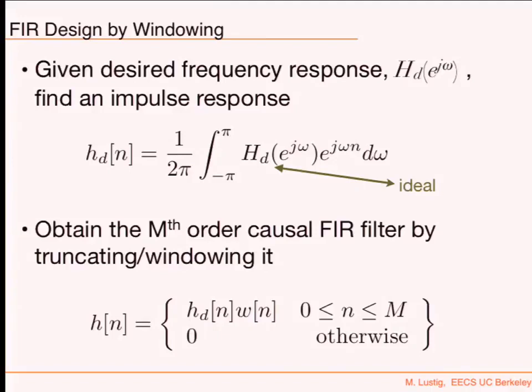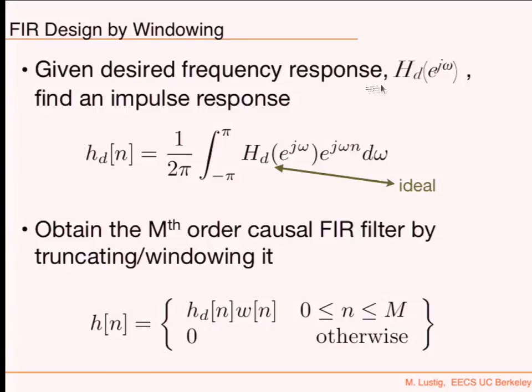The idea is that I have a desired frequency response, which is going to be H sub d of e to the j omega. This is the ideal discrete time Fourier transform that I'd like to approximate.